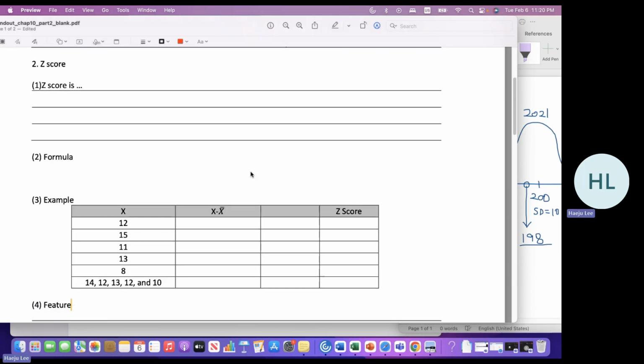So Z-score is one of the standard scores. Simply said, the Z-score is the number of standard deviations from the mean.